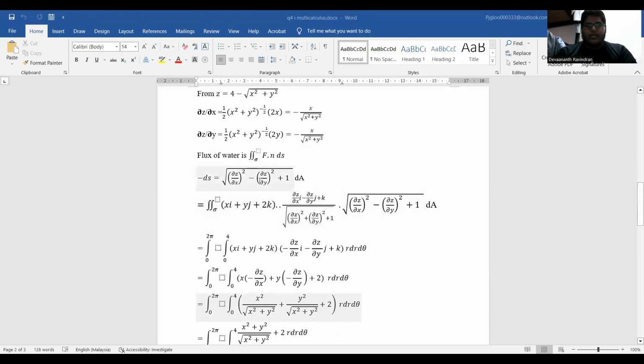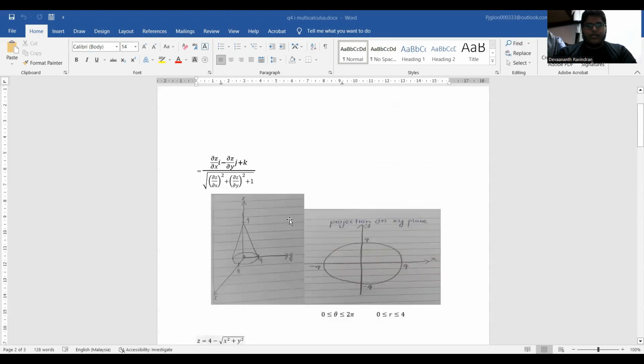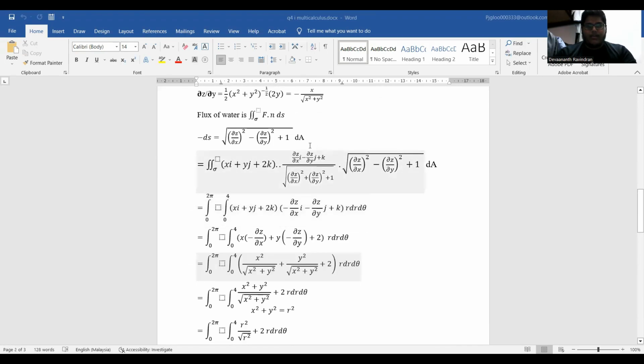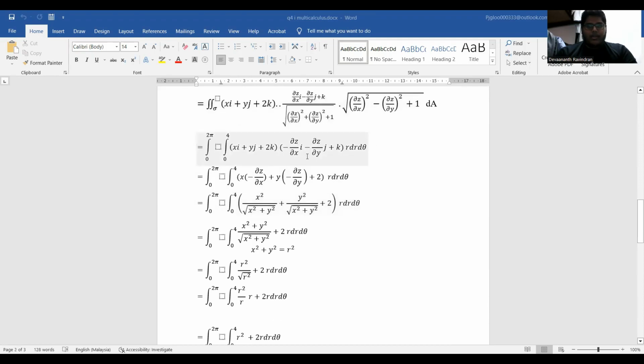By the given vectors, we have to substitute and create a double integral. This one is oriented outward, so we multiply it with dS. After that we have to just do the double integral.